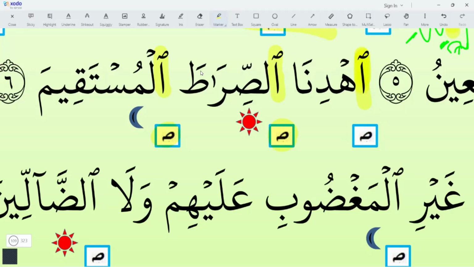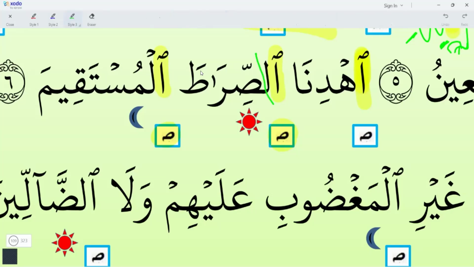So is there Huruf Shamsiya, Huruf Qamariya? Yes. Where? اهدنا الصراط is حروف الشمسية. As-Sirat is Huruf Shamsiya. In the Huruf Shamsiya, we don't pronounce Alif and Lam when there is a word before this.